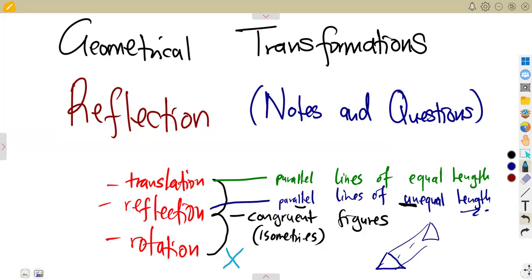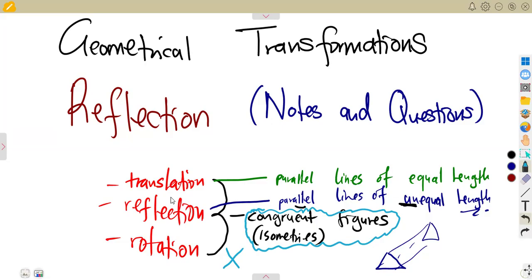But these three, the major point which makes us compare them is the figures being congruent, the object and the image being the same. It is only the position that changed, not the size of the object. You think of a translation, you think of a rotation, you think of a reflection.